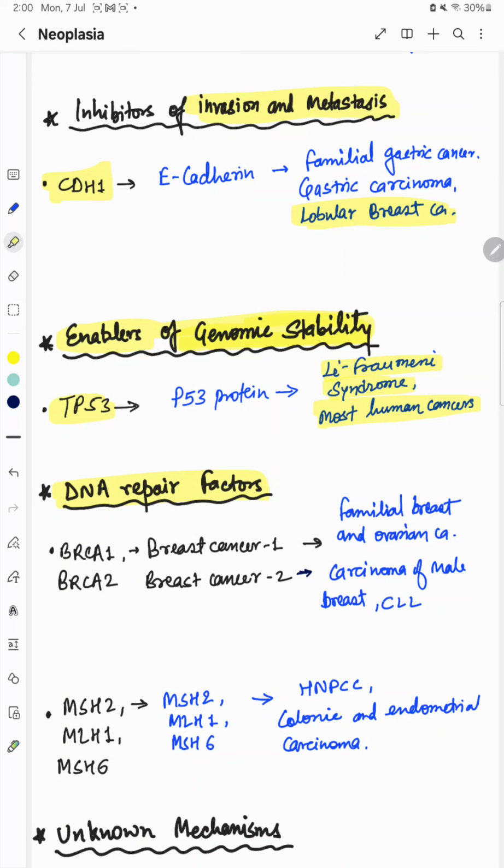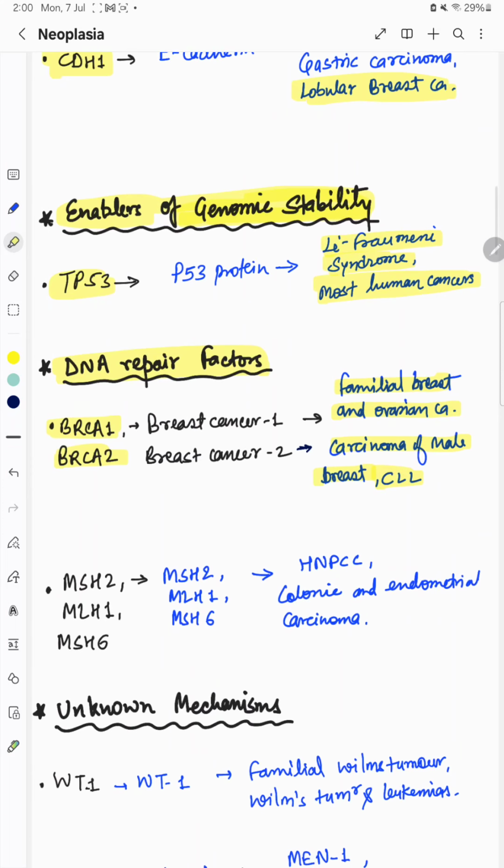DNA repair factors include BRCA1 and BRCA2. Mutation of these will result in familial breast or ovarian carcinoma, carcinoma of male breast and chronic lymphocytic leukemia. Another group of DNA repair genes are MSH2, MLH1 and MSH6.